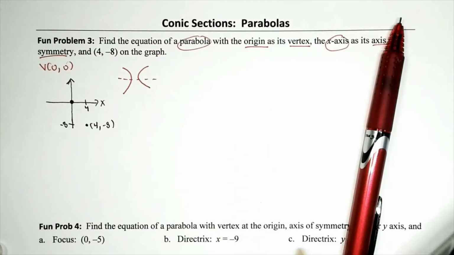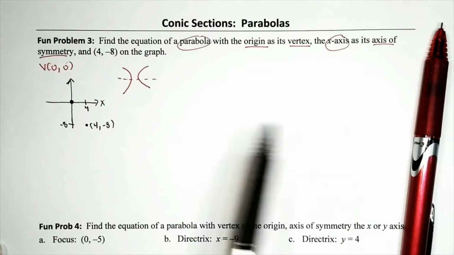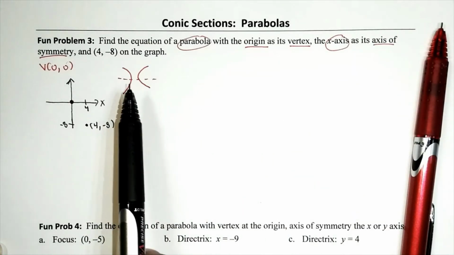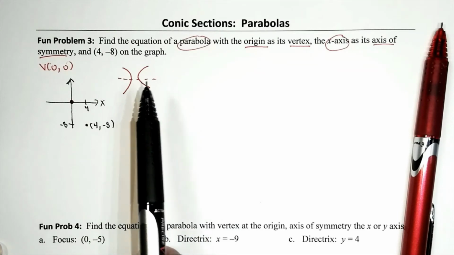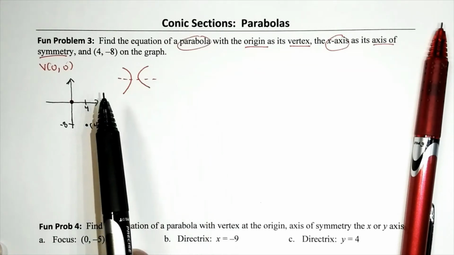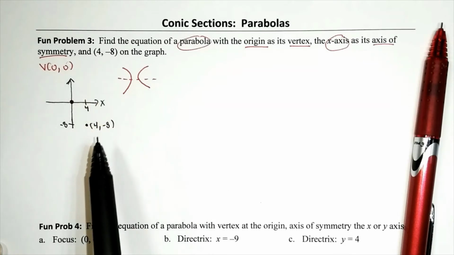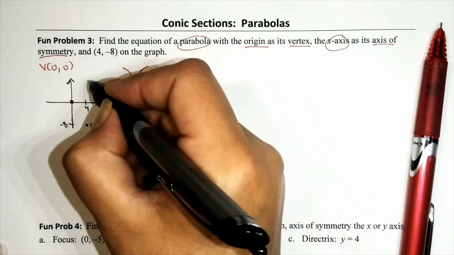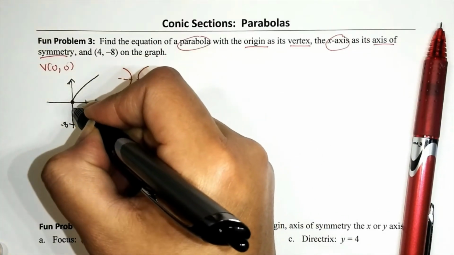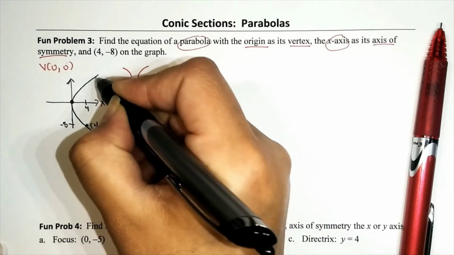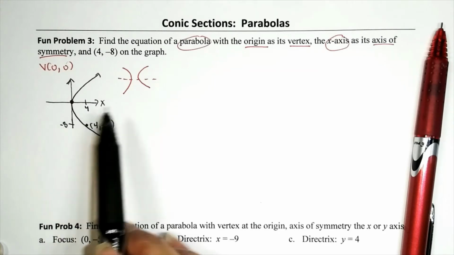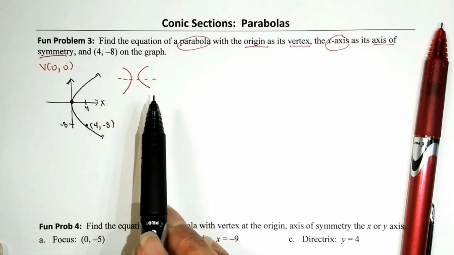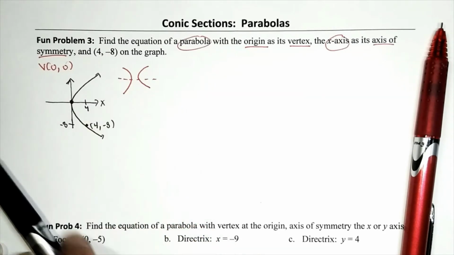Given that the x-axis is the axis of symmetry, we have already established that we have a sideways parabola, either opening to the right or to the left. Given that we have (4, -8) on the graph, let's sketch our sideways parabola, making sure it goes through (4, -8). And with confidence, we can see we do have a sideways parabola, and in this case, the parabola opens to the right.